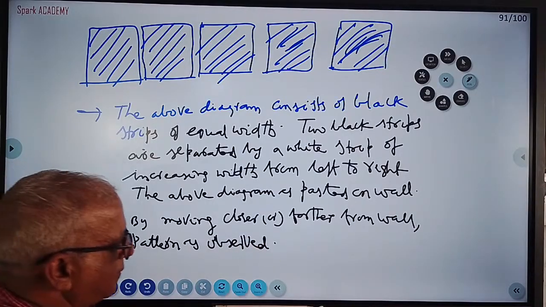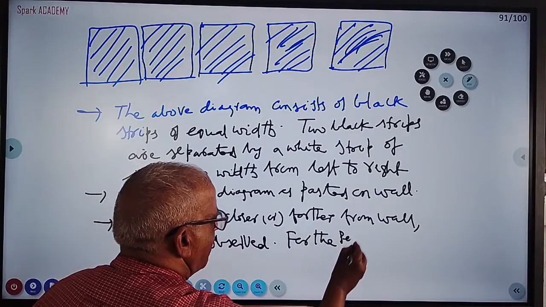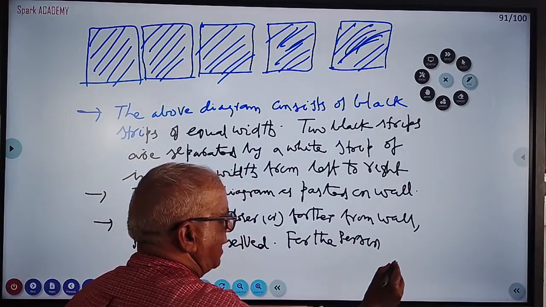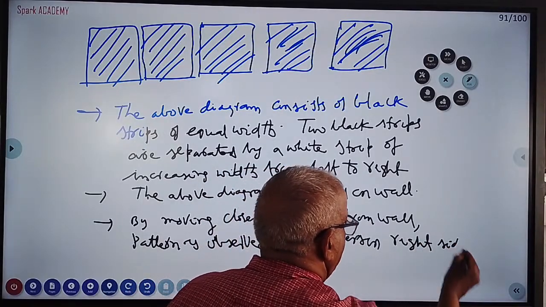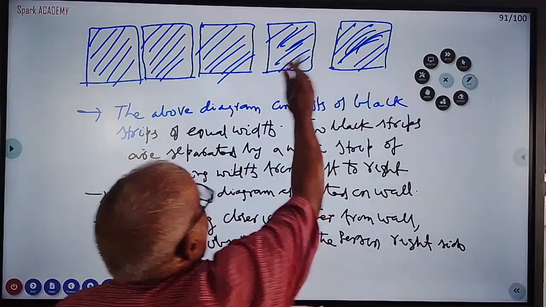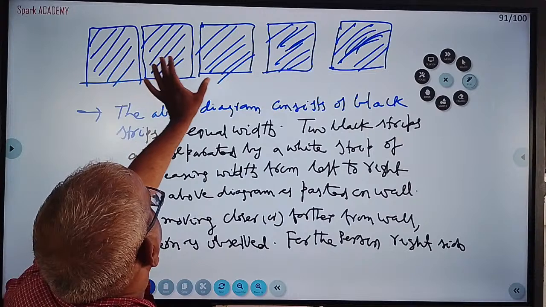For the person on the right side, the black strips appear separate because their separation is more. Here they appear as one only. Here the left side appears as one.